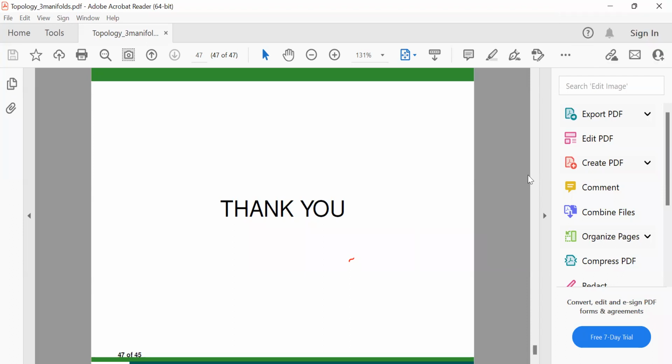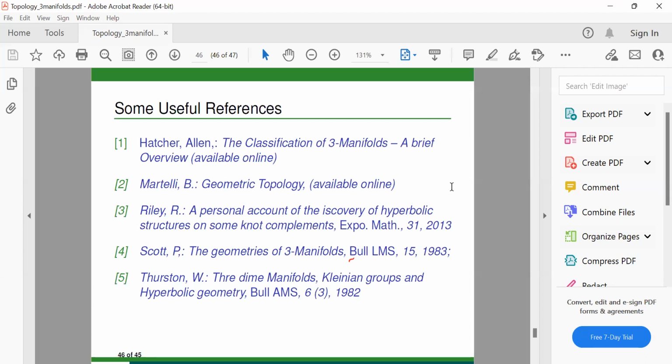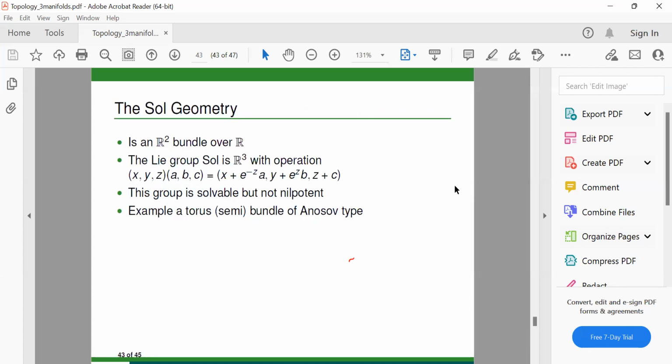Yes, I have one question. In the definition of Sol geometry, you have written X equal to the trivial R2 bundle over R. Is it the trivial bundle? No, it is not a trivial bundle.